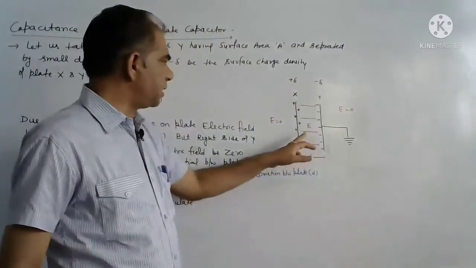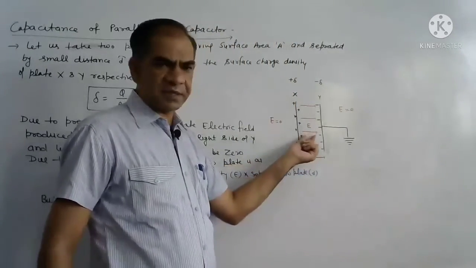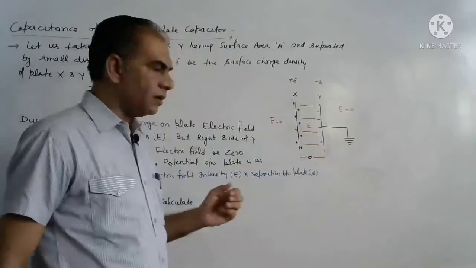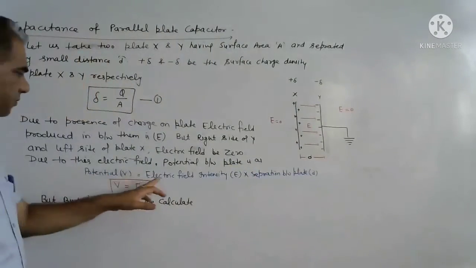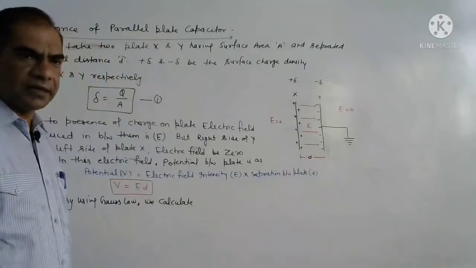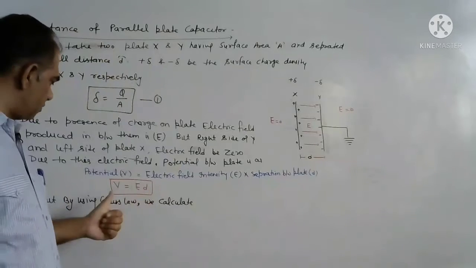Due to the electric field present inside the plates, an electric potential is also set up here. The electric potential has the formula electric field intensity E into separation between the plates d. So V is equal to E into d.